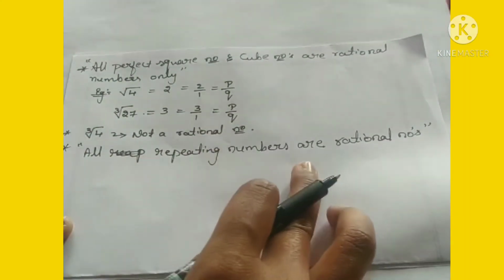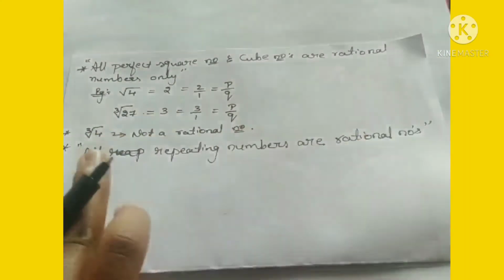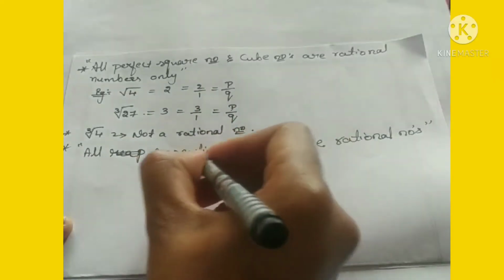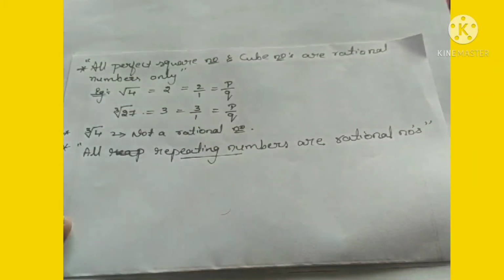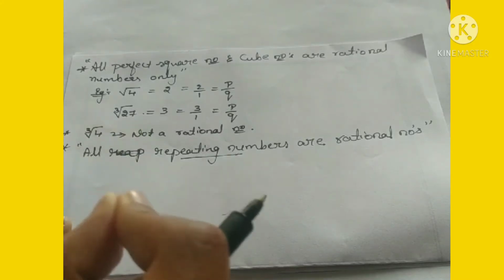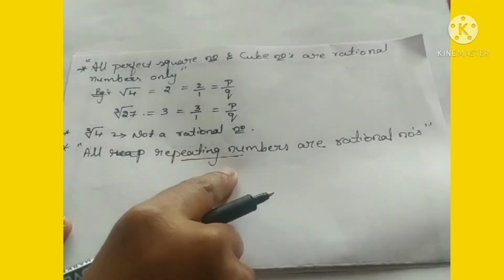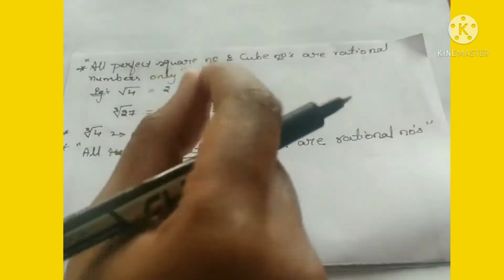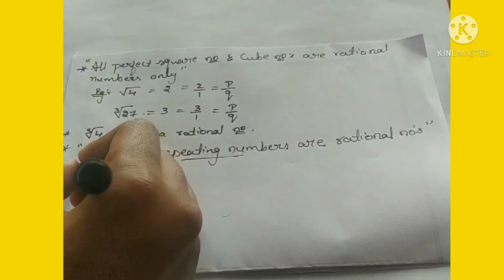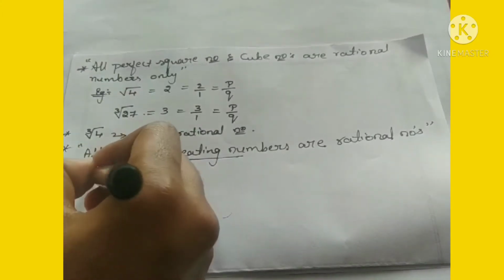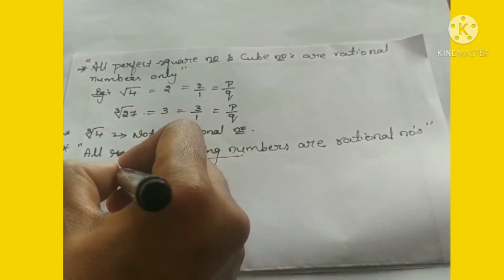Here, a repeating number means that after the decimal point, if the number is repeated, then we call it a repeating number, and it is represented as x bar. I will explain this with the help of an example.